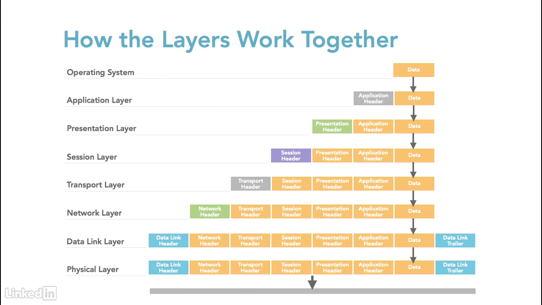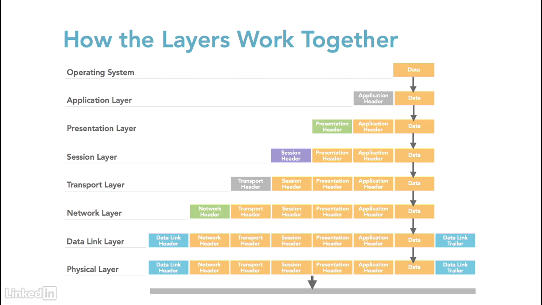The result is that as the data moves down the OSI model, it becomes larger and larger. This is illustrated by the fact that data starts out as yellow, and as it moves down the OSI layers, the yellow portion becomes larger and larger because it is containing the headers of the layer above it.